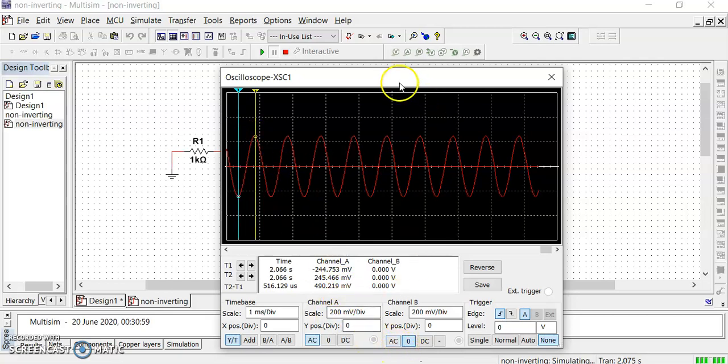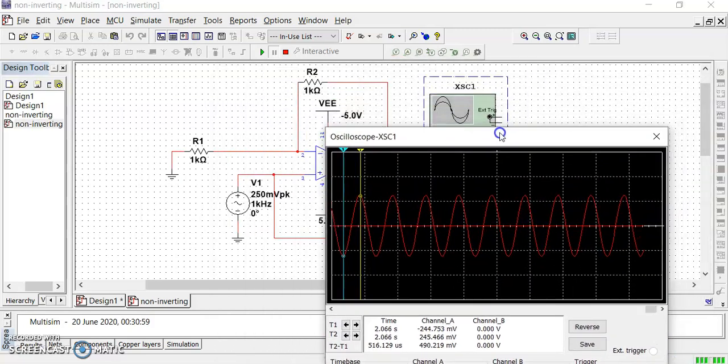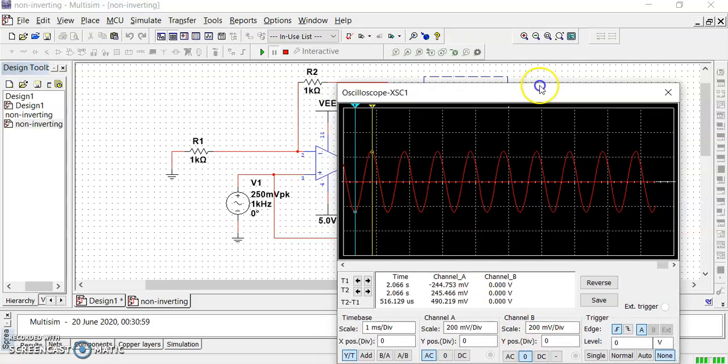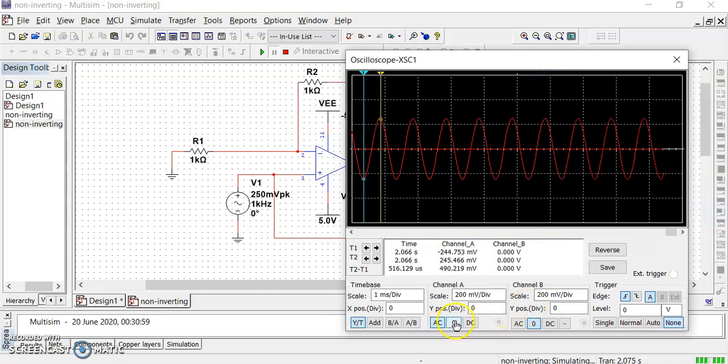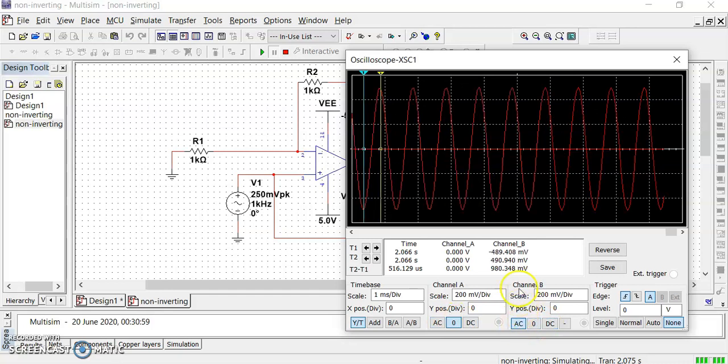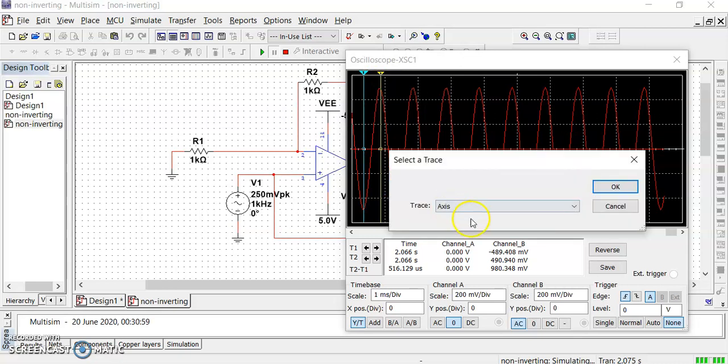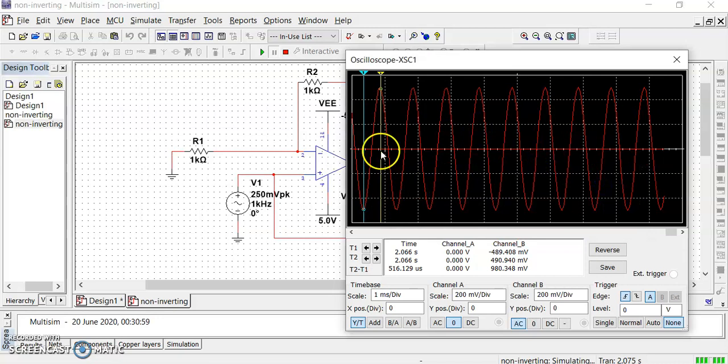Now, our RF feedback resistance is 1 kilo ohm and the input resistance is 1 kilo ohm. For the 1 kilo ohm feedback resistance, we are going to calculate the output voltage. I am grounding the input, enabling the output value, and setting the marker to output channel B. Now what is our output voltage?